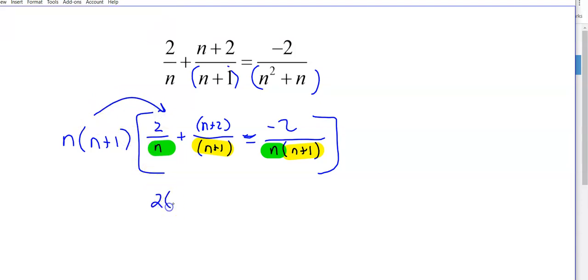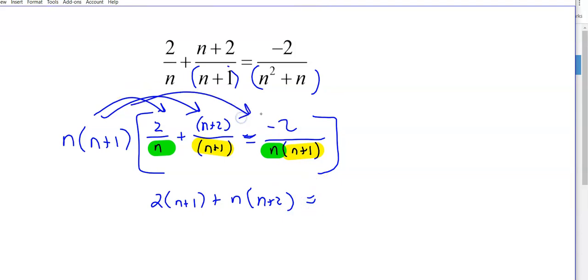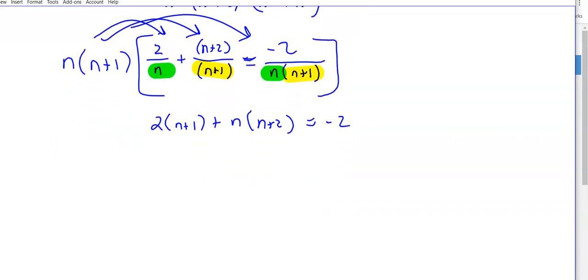So you get 2 times n plus 1 still to be multiplied, plus 2 to the next term. n plus 1 is going to cancel, so that n is going to multiply by the n plus 2 here. And on the other side of the equation, n and n plus 1 cancel, so you're just left with negative 2. Oh, that's kind of nice, right? So you get 2n plus 2 plus n squared plus 2n equals negative 2.